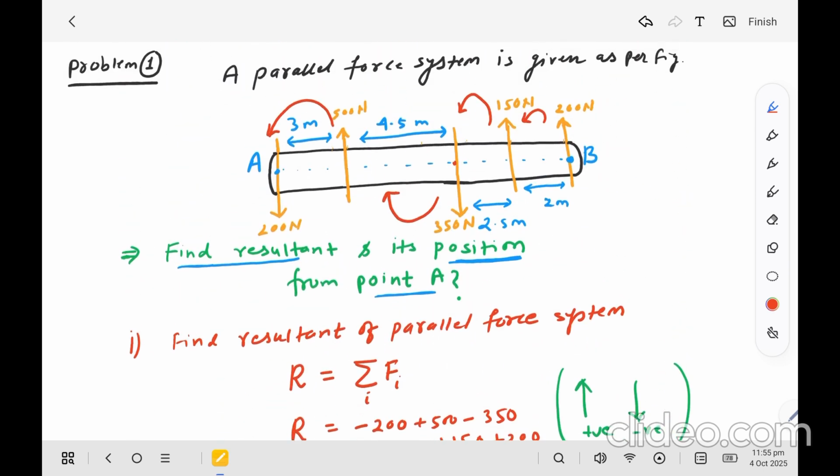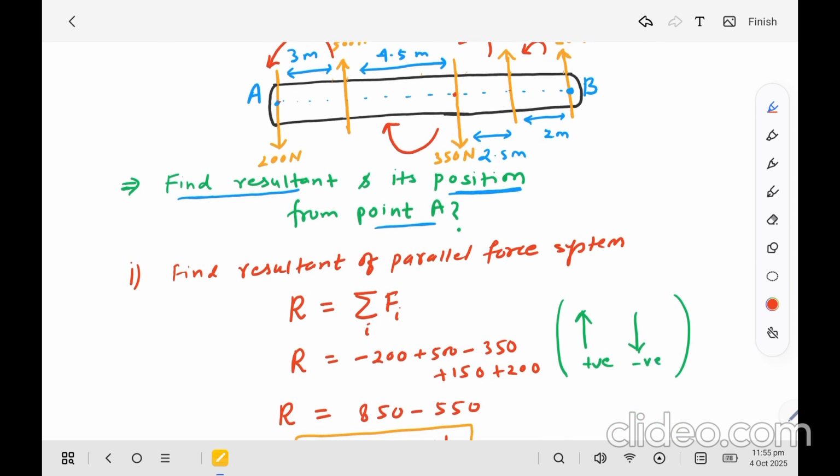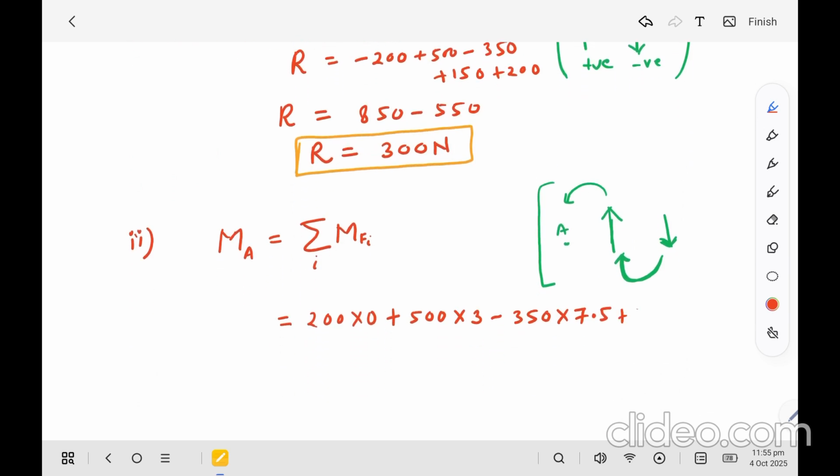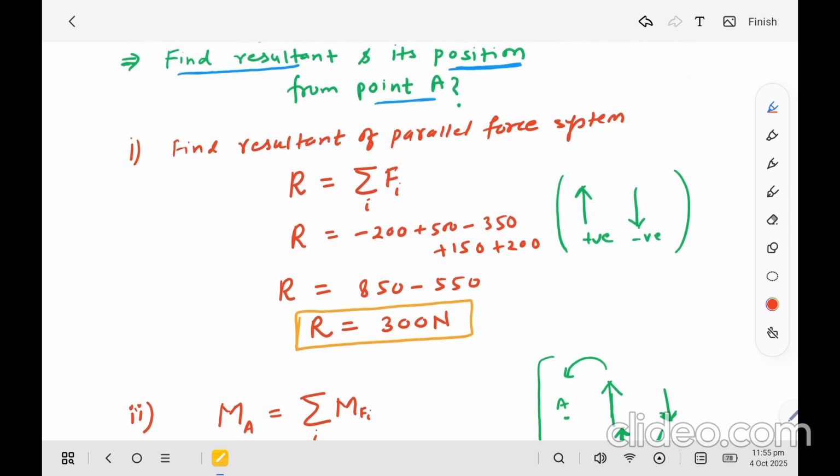Moment of this force, 150 Newton, is the magnitude, and the perpendicular distance from this force to point A is 2.5 plus 4.5 plus 3. So plus 150 into the distance of 10 meter.